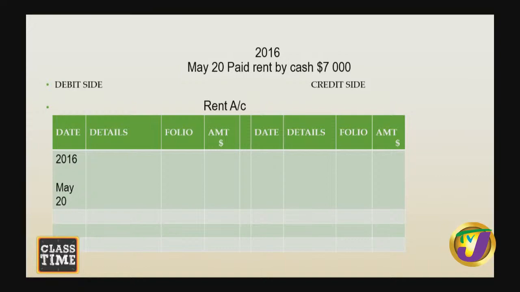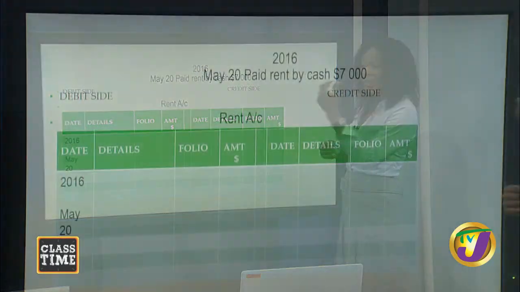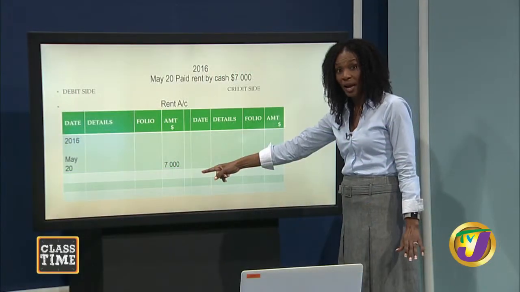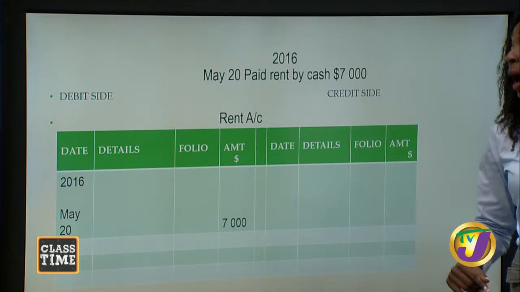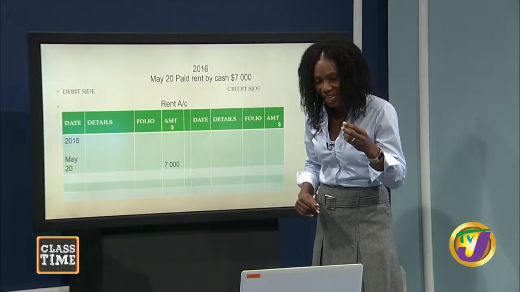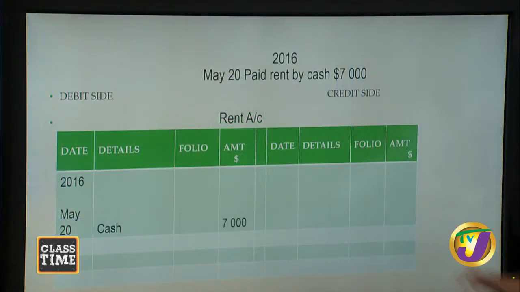You enter that in the date section. How much did we pay for rent? $7,000. So under the amount column, we enter $7,000. Good, students? What's the name of the other item along with rent that was affected? Cash. Good. So in the details section, we are going to enter cash.